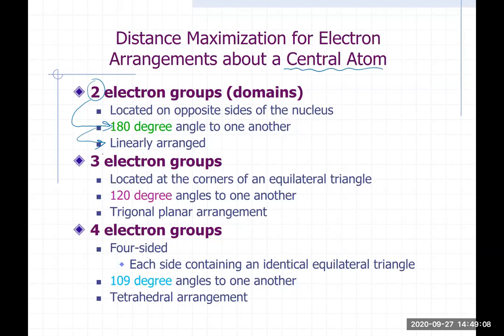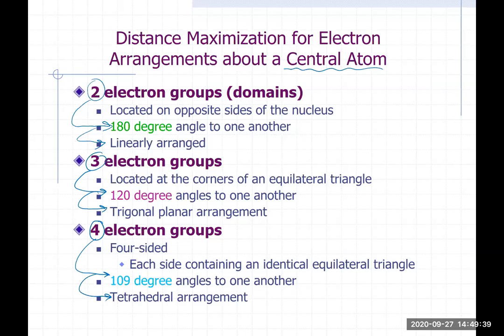If we have 3 electron groups surrounding that central atom, the bond angle is 120 degrees, and that is associated with a 3-dimensional geometry called trigonal planar. If we have 4 electron groups surrounding the central atom, that is associated with 109-degree bond angles, and the geometry is called tetrahedral.